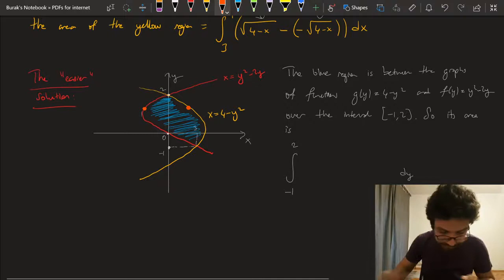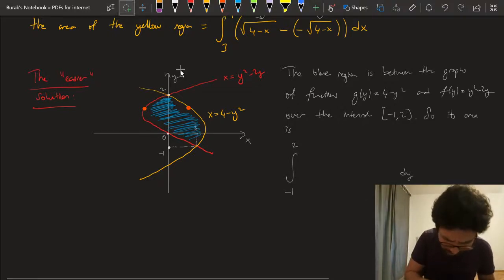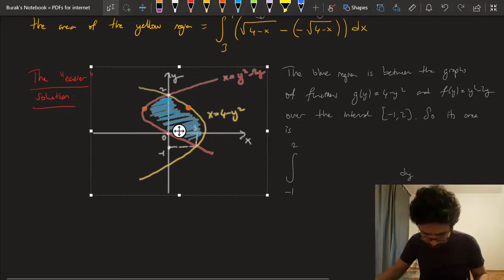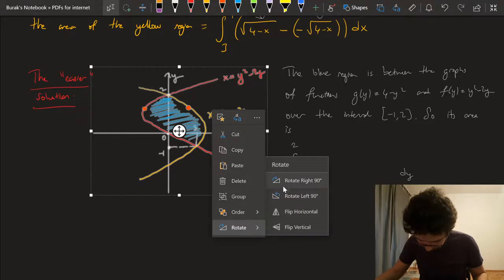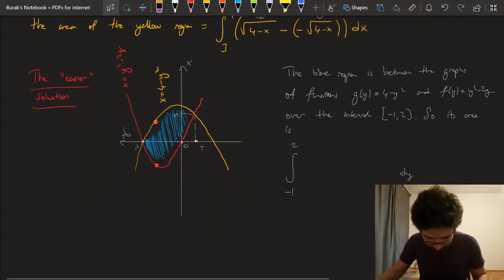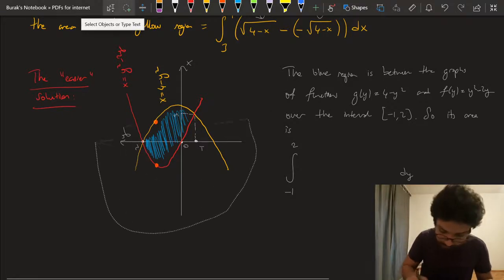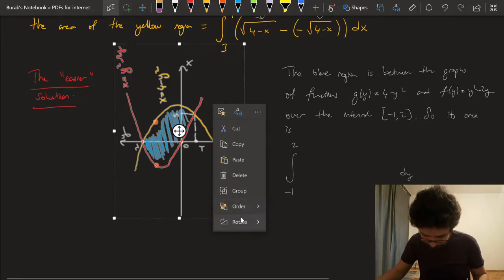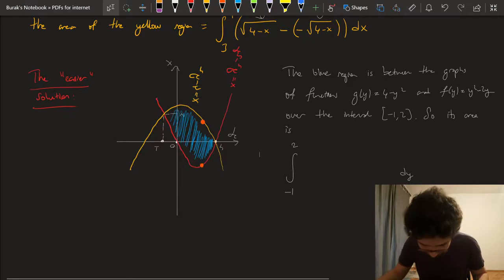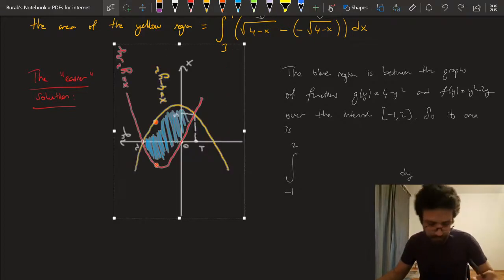I can actually do this for you, but I'm not sure whether I want to. Rotate left. Okay. And let me also flip this horizontally. Oops, that's not good.